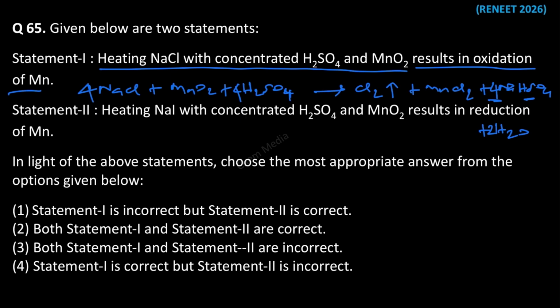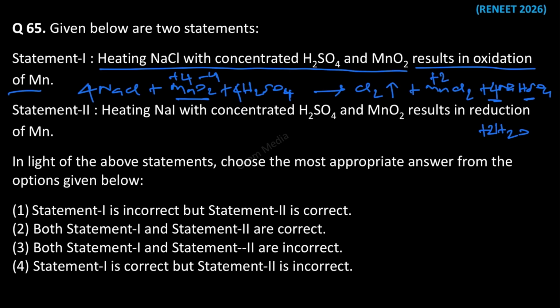Now if you see the oxidation state of manganese here, in MnO2 the oxidation state of manganese would be +4, isn't it? Because for each oxygen we give -2, so therefore that would be -4. In MnCl2 it would be +2, isn't it?